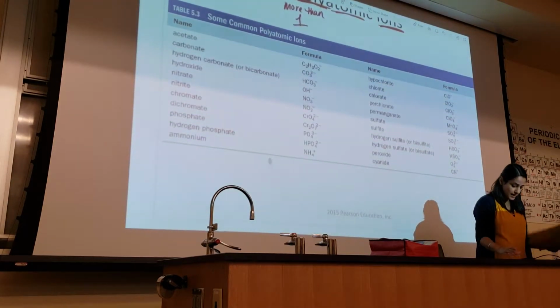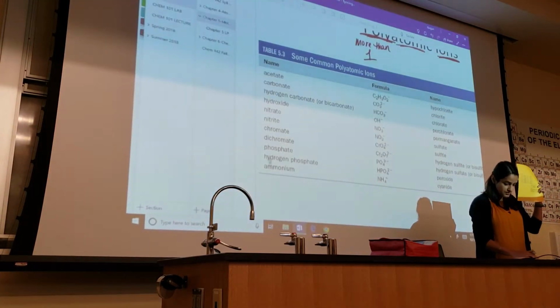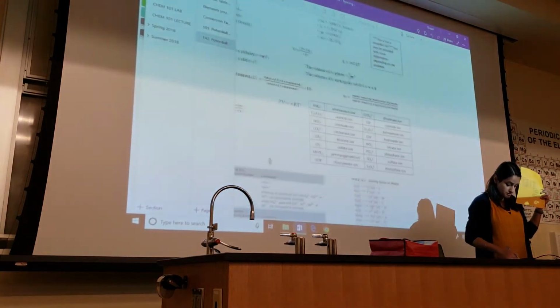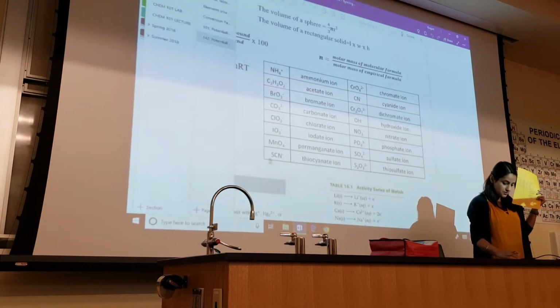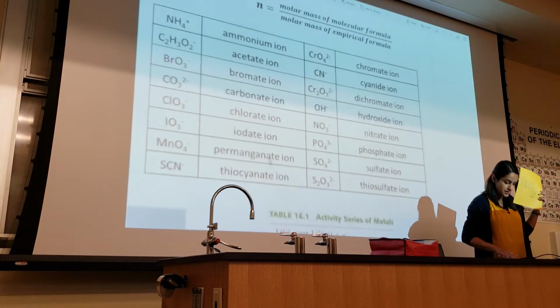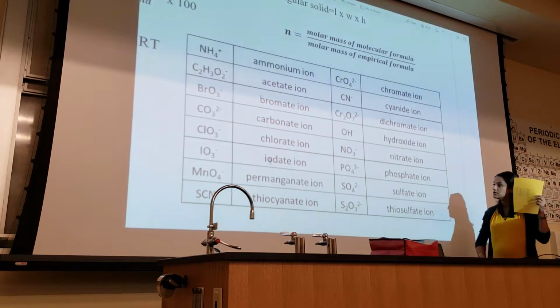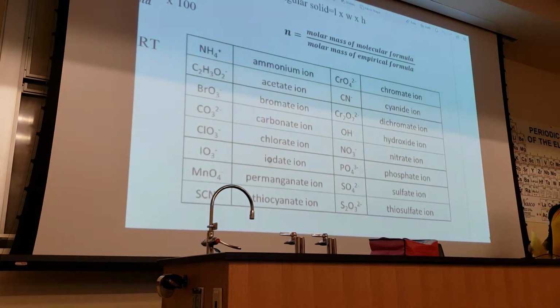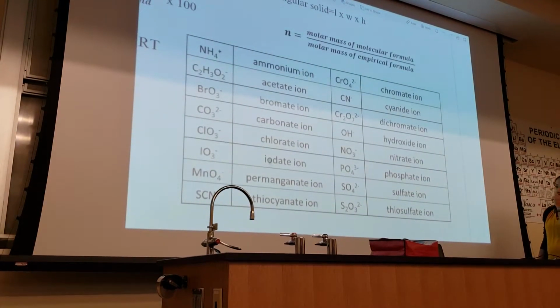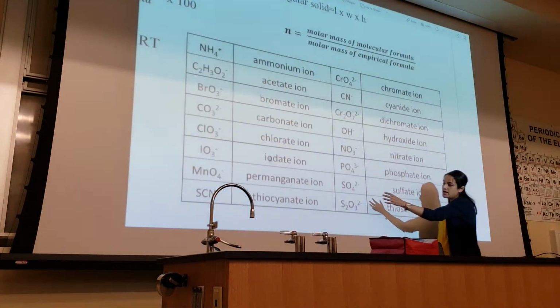Now, the table that I gave you, this one here on the back side, has some of the most common polyatomic ions. So notice, except for the acetate one, everyone else has 2 elements involved. And again, they behave as a unit.